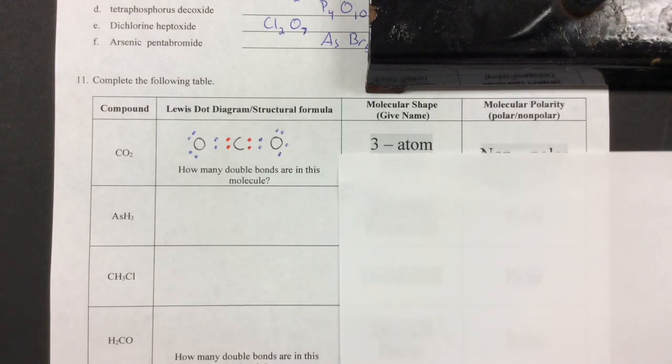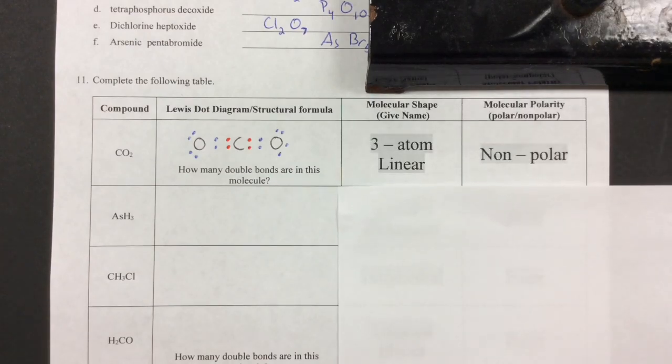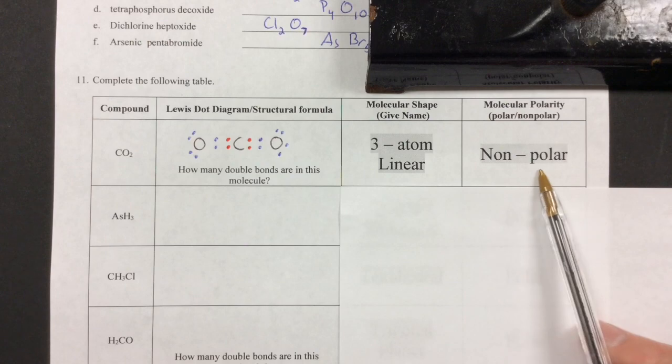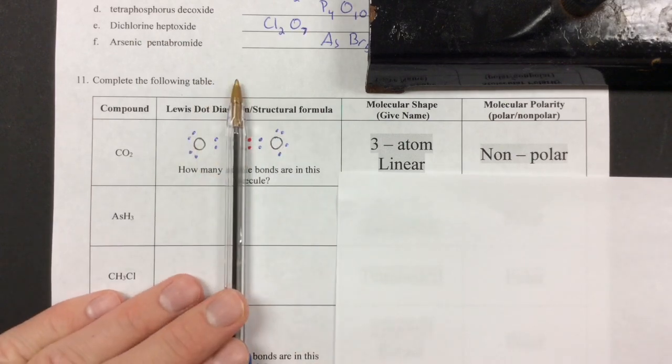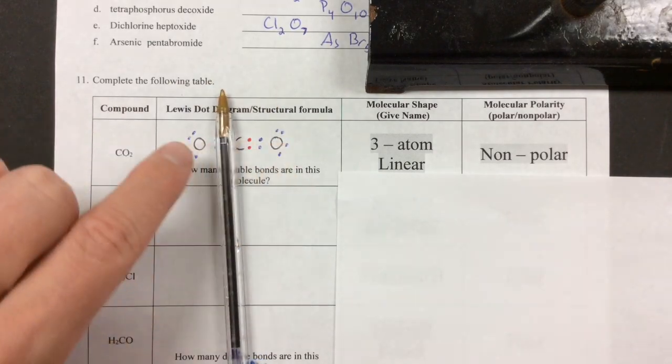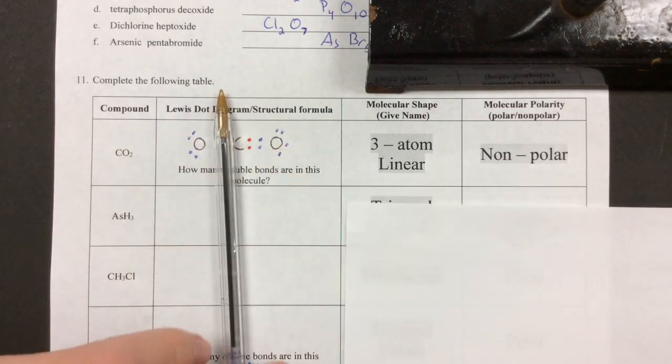The name of this structure is going to be 3-atom linear, and it is non-polar. A good way to remember it: if you were to cut this atom right down the middle, if both sides look exactly the same, it's non-polar.